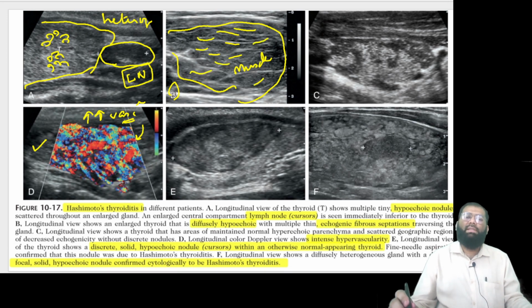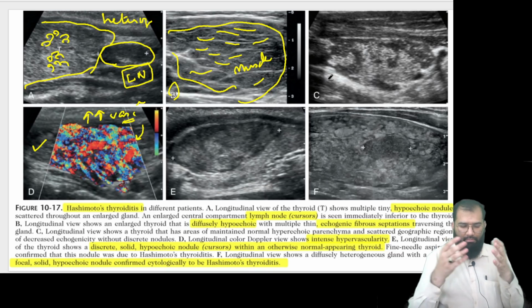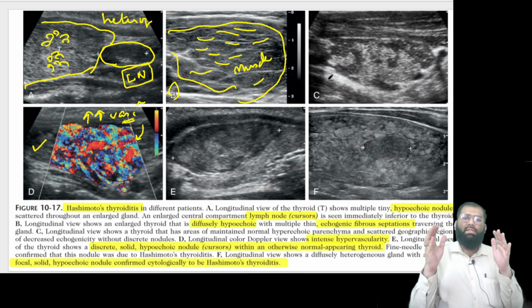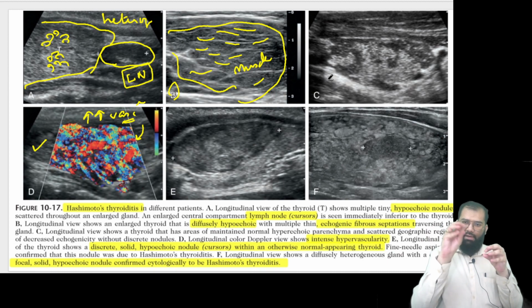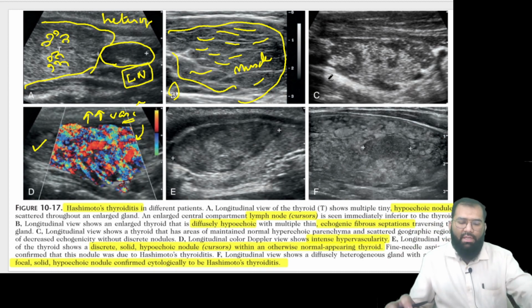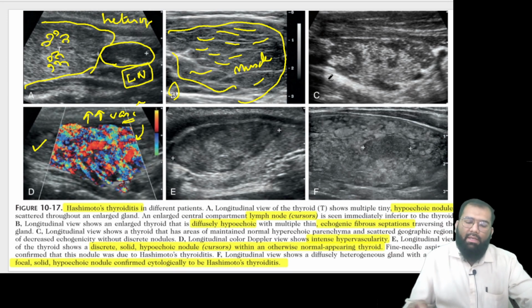So this is the muscle-like appearance of the thyroid, which is classically seen in case of Hashimoto's thyroiditis. Now, I told you a few minutes back that Hashimoto's doesn't affect the whole gland at once, it starts affecting a few areas. So initially you'll have a few areas which are normal and a few areas which are affected. The affected areas would look hypoechoic and the normal areas would look hyperechoic.